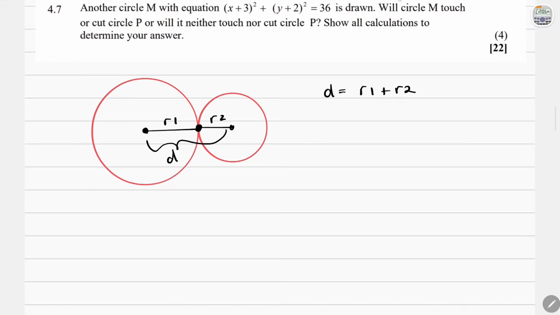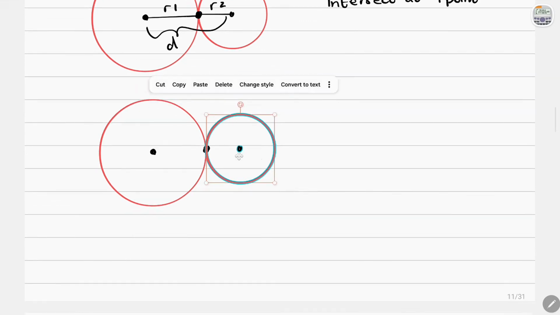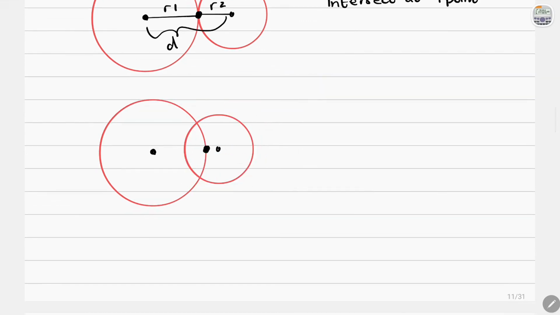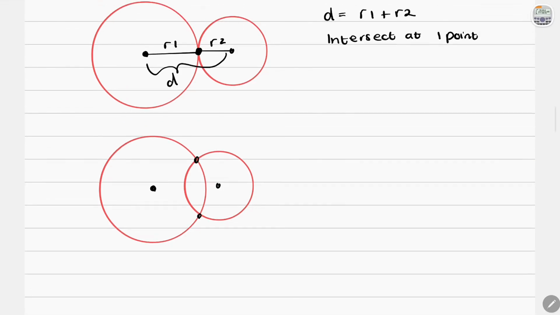That means it intersects at 1 point only. Now, if these circles were to intersect at 2 points, so we want to see an intersection here and here, then look at the relationship between the distance between their centers and the radii. If you connect that, do you see that it would be shorter than the sum of their radii?